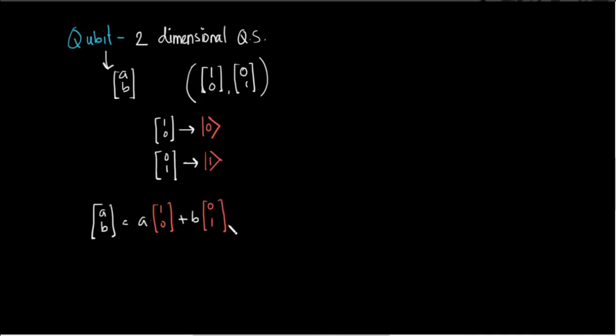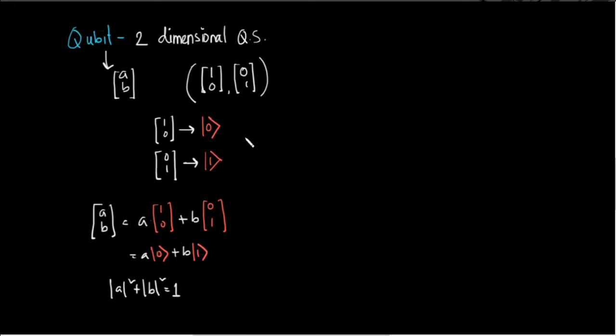Or using Dirac's notation, we can write this as A|0⟩ plus B|1⟩. Simple enough. And as this vector needs to be a unit vector, we have the condition modulus of A squared plus modulus of B squared equals 1.